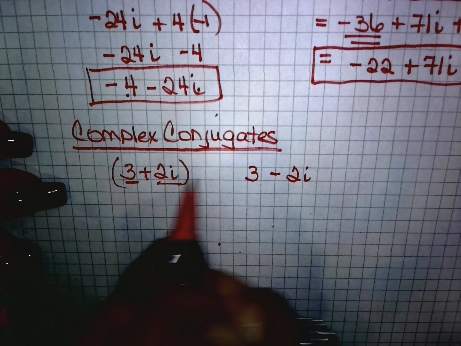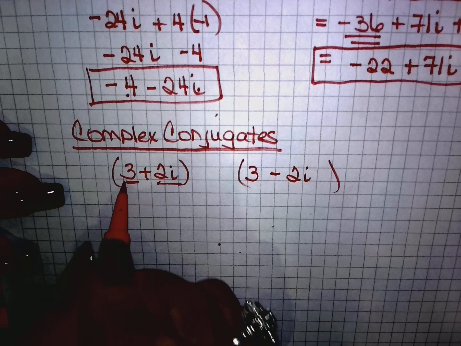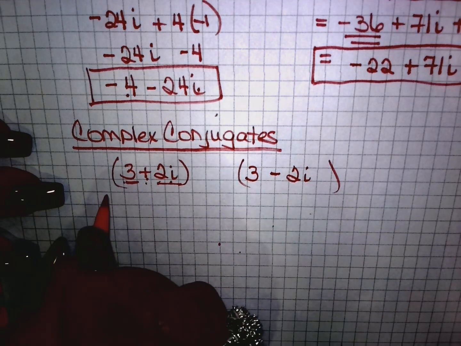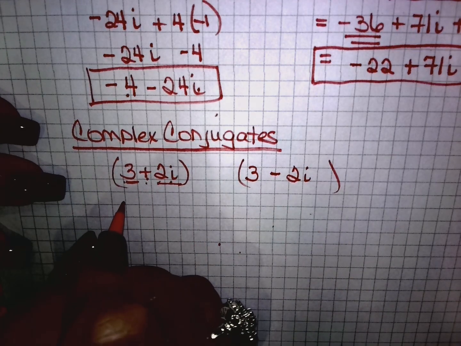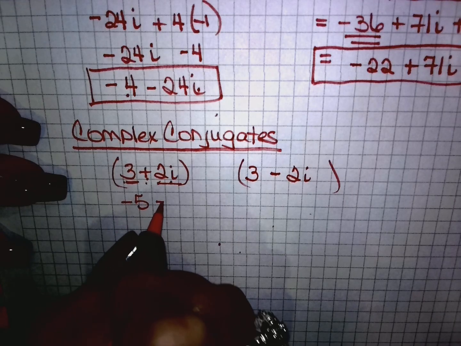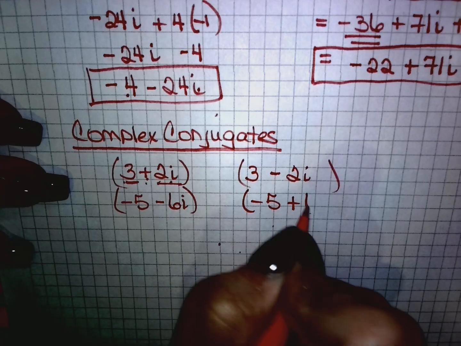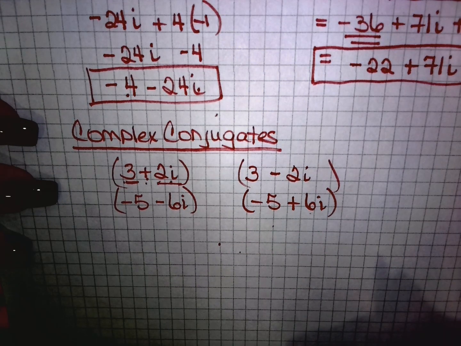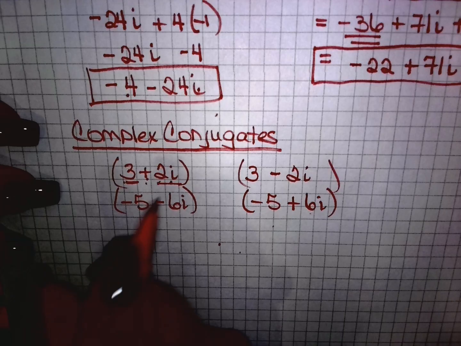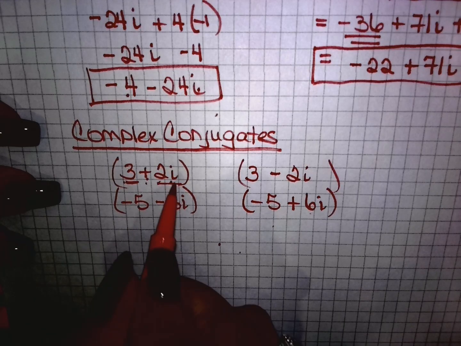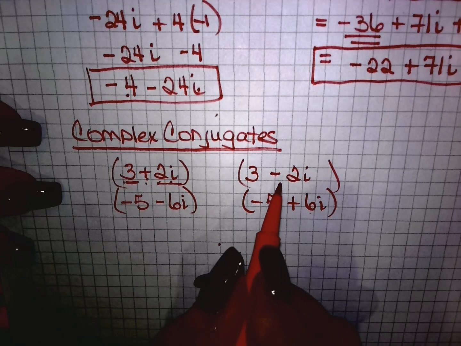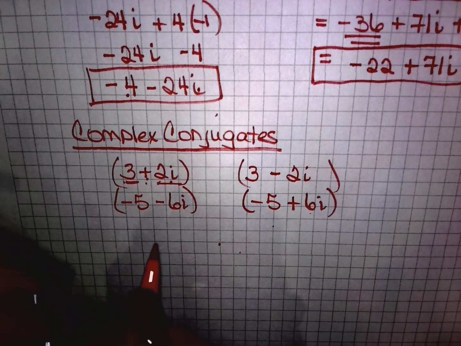These two are complex conjugates. So 3 plus 2i and 3 minus 2i, they are complex conjugates. Negative 5 minus 6i and negative 5 plus 6i. They are complex conjugates. Again, the a stays the same, the b stays the same. What changes is the sign between them.